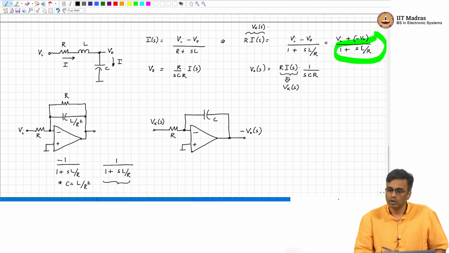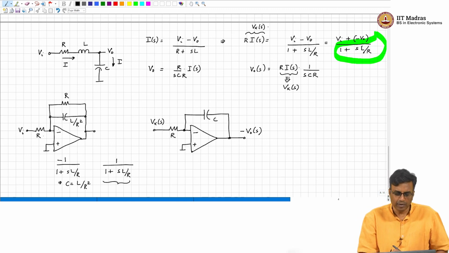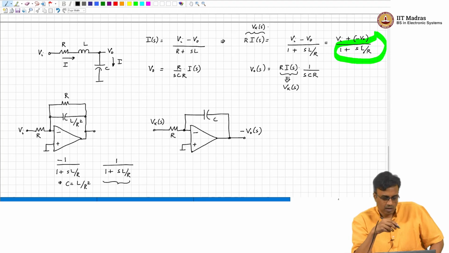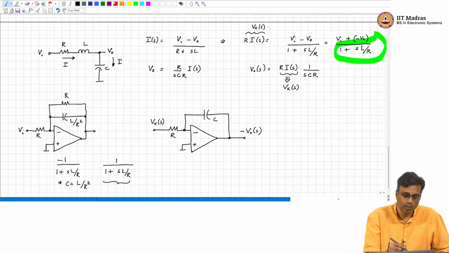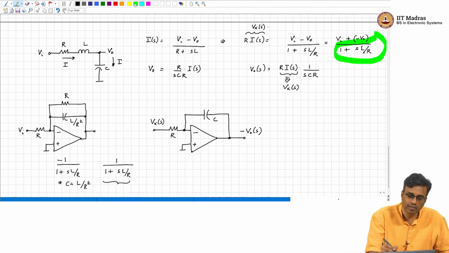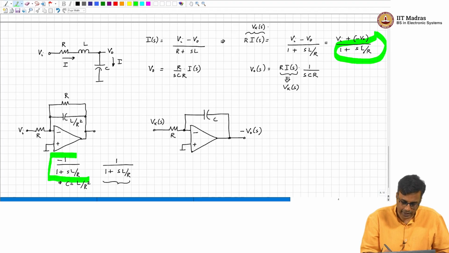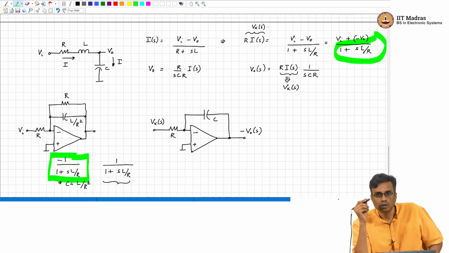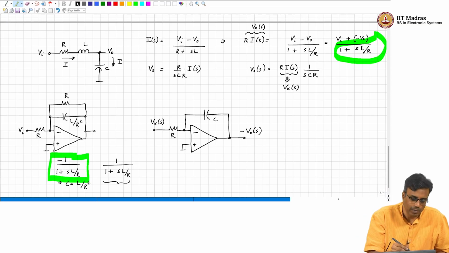Now, this is only going to filter Vi with this transfer function. We have two problems. One, of course, is the sign is not correct, and the other one is it only filters one input. So, we want to filter Vi with minus V naught. So, what should we do? Add another parallel branch. Very good.